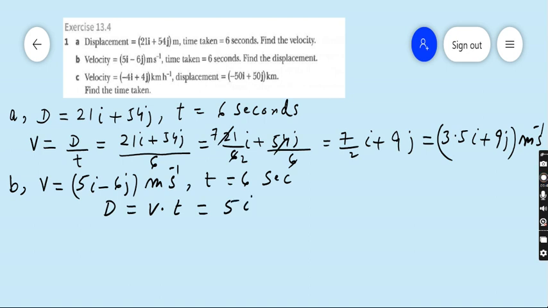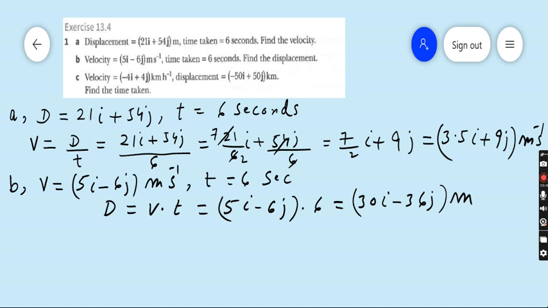Velocity is given as 5i minus 6j, time is given as 6. Therefore 5i into 6 is 30i, and 6j into 6 is 36j meters. This is the answer of part B.